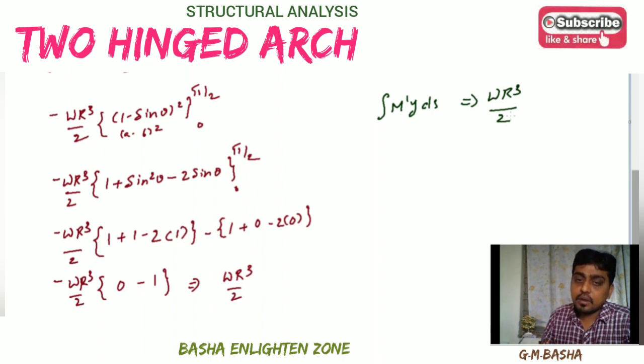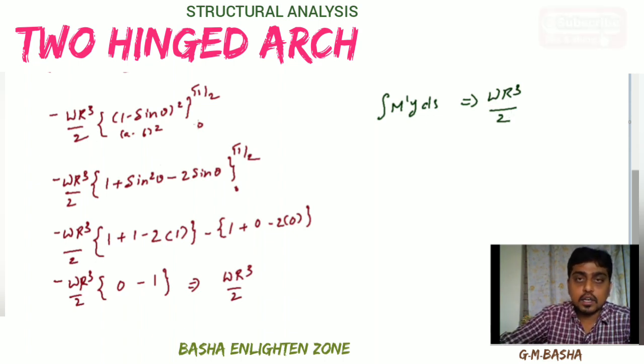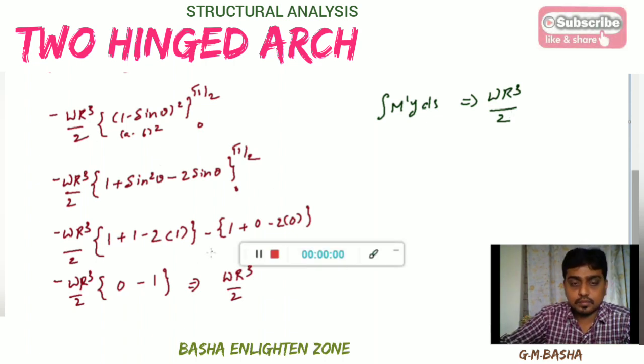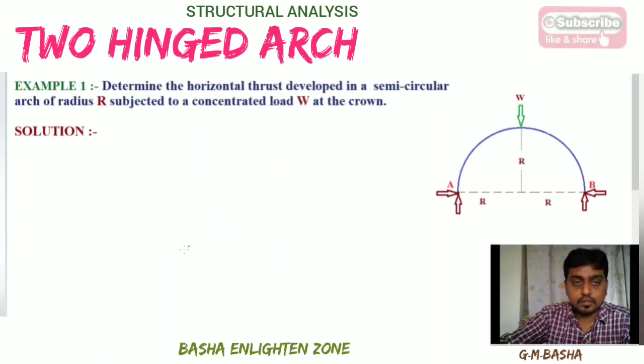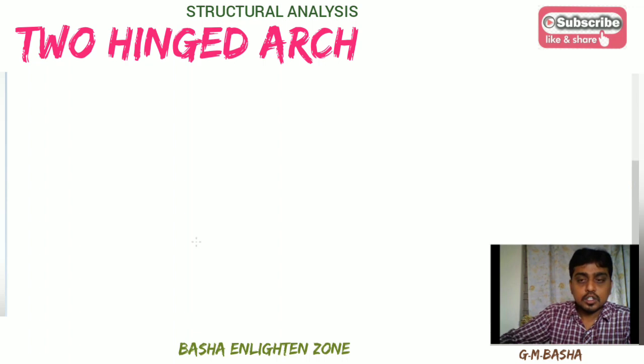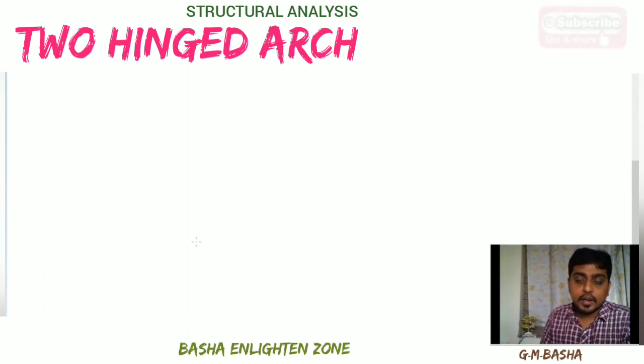Then again we will simplify the same steps in the denominator, same steps for the denominator also. So I will explain that one also here. So I will show here the denominator part.